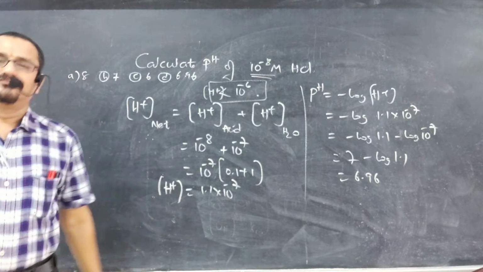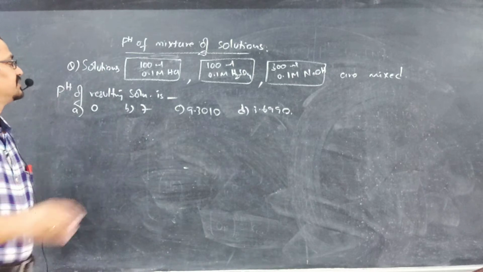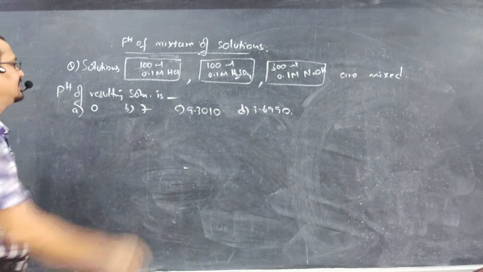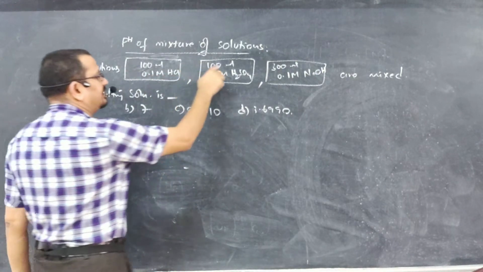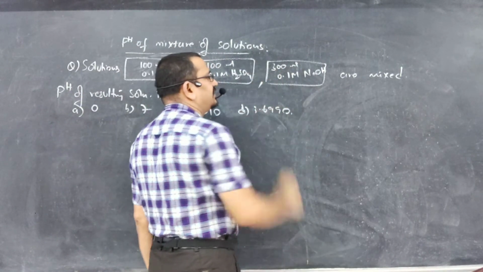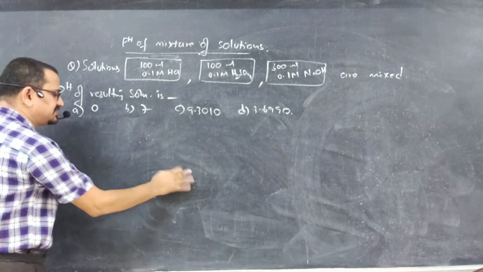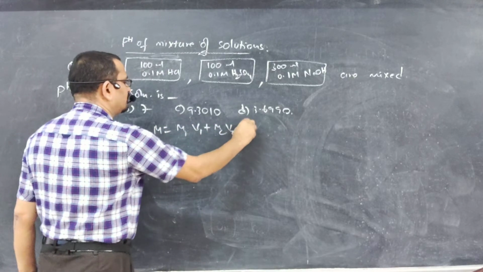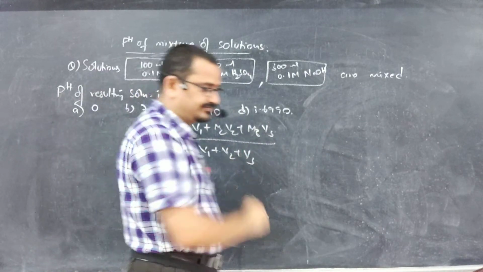So let us see one more question. See, this is another question from pH of mixture of solutions. 100 ml of 0.1 molar HCl is mixed with 100 ml of 0.1 molar H2SO4 and with 300 ml of 0.1 molar NaOH. Immediately, a student in general will go to this formula, M1V1 plus M2V2 plus M3V3 by V1 plus V2 plus V3.